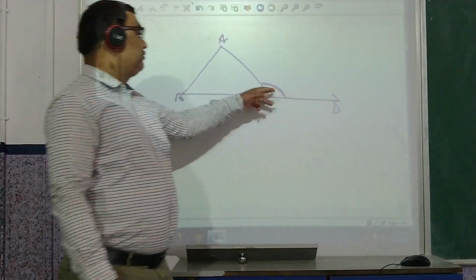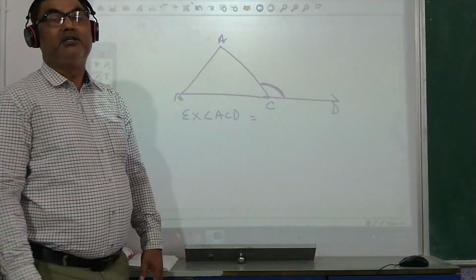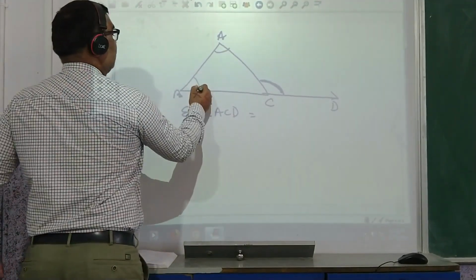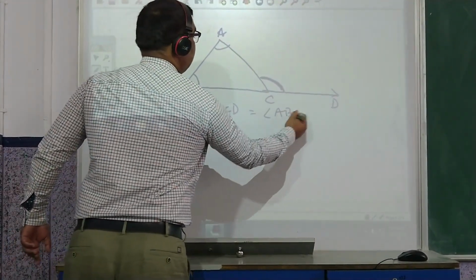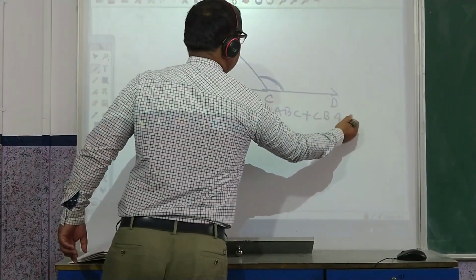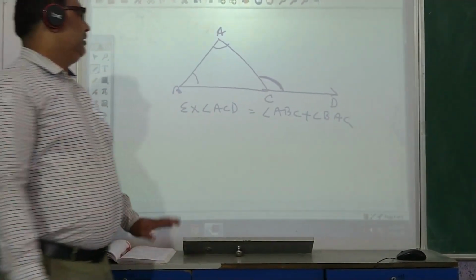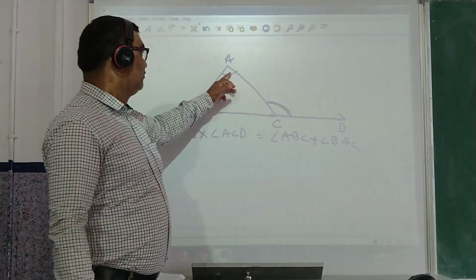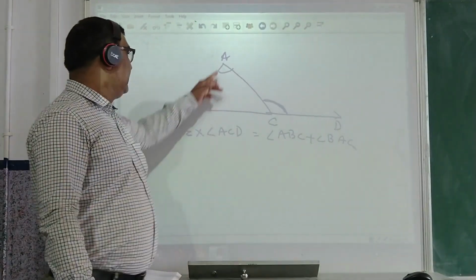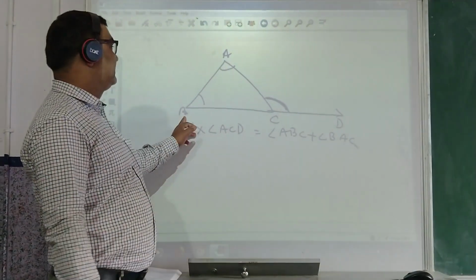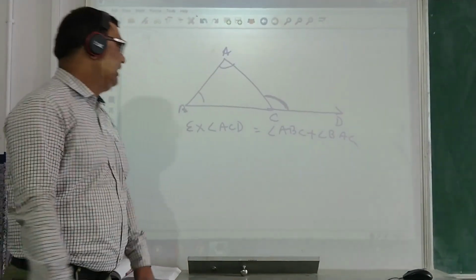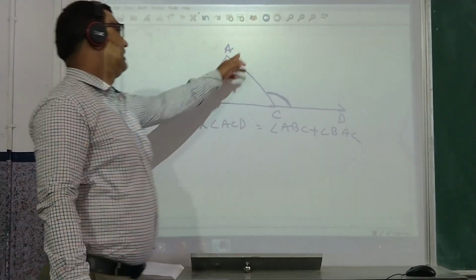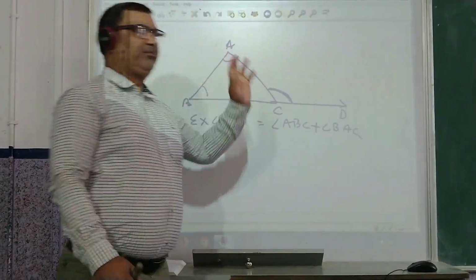Angle ACD is equal to the sum of the opposite two interior angles, that is angle ABC plus BAC. You know it. So ACD is equal to A plus B. Suppose AB is produced, then this exterior angle is equal to the sum of A and C. And suppose BA is produced in this direction, this exterior angle is equal to the sum of B and C.